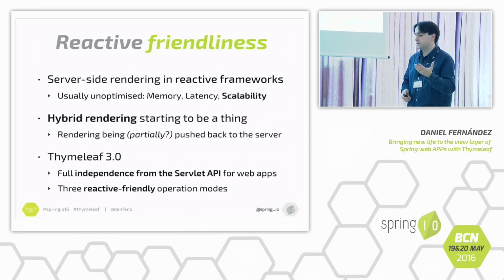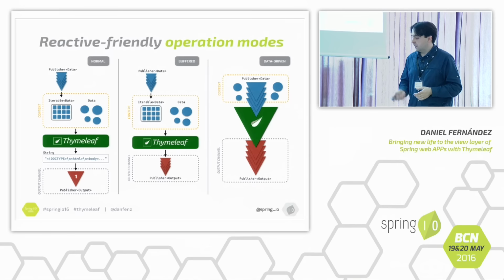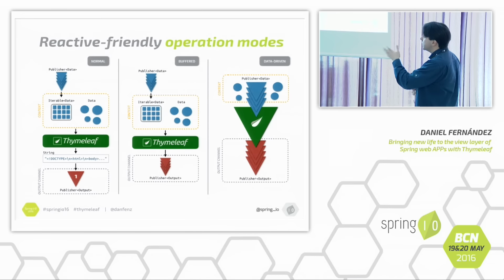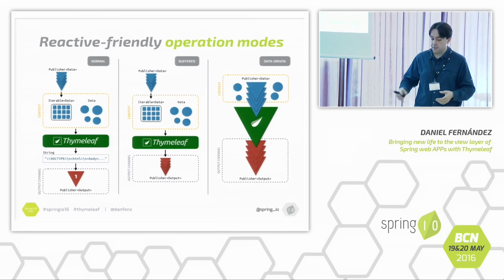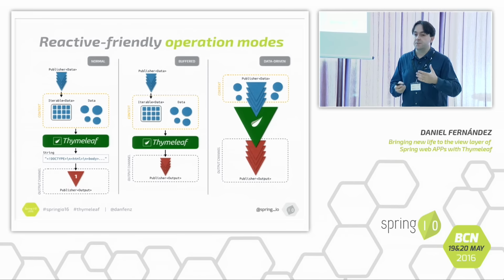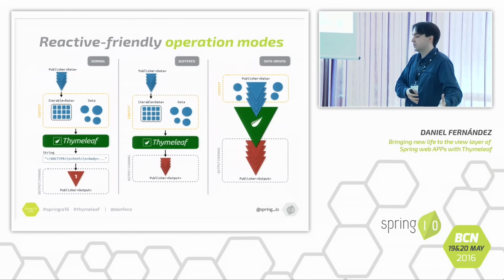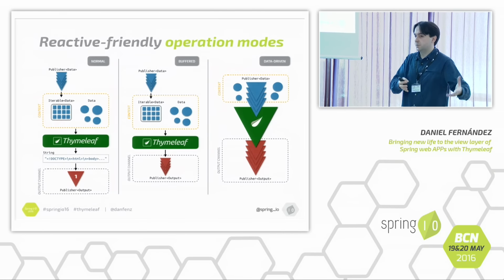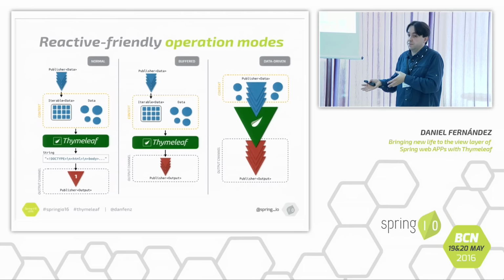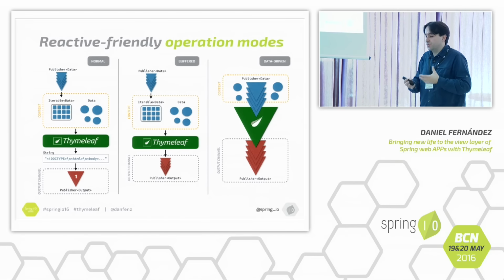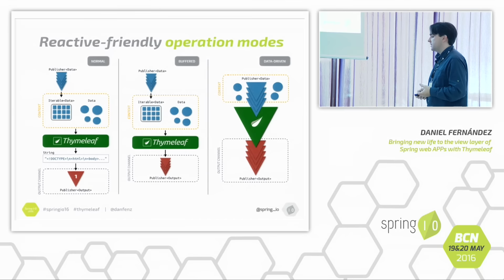And then we defined 3 reactive-friendly operation modes. The first one is basically what already existed, so we created 2 more. They look like this. The one on the left is the normal way server-side template engines are used in reactive frameworks, okay, in which basically you have a context. That context, if originally it was meant to have some kind of publisher, some kind of reactive flow of data, will have to be resolved into an iterable of data of some kind, so you won't be binding to that publisher of data.